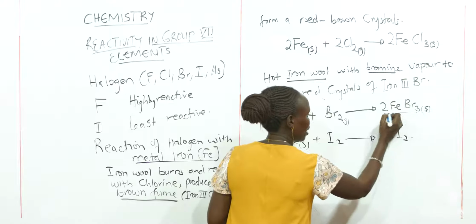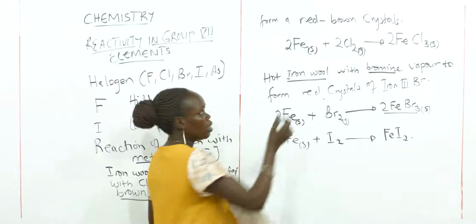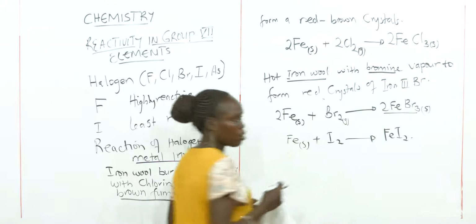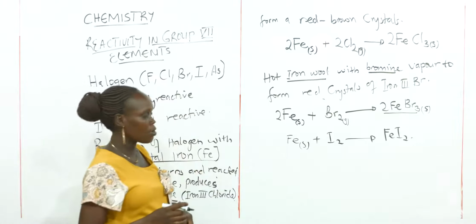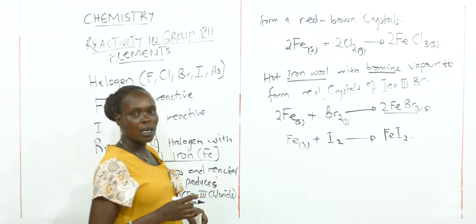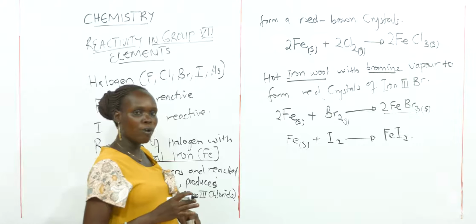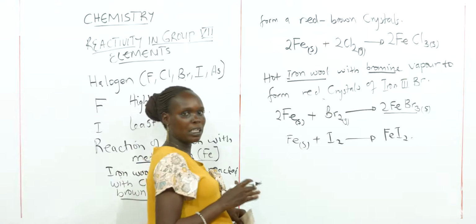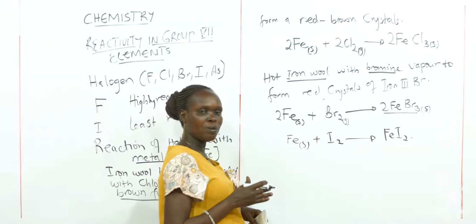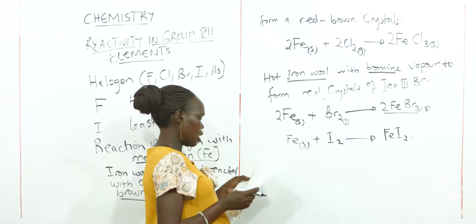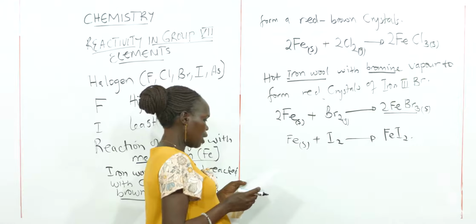So it will not be iron 3 as we have for bromide, or iron 3 as we have for chloride. So in this case we are going to have it as iron 2 iodide. Because iodine is the least reactive, its reaction will not be as vigorous as the rest of the elements reacting together.